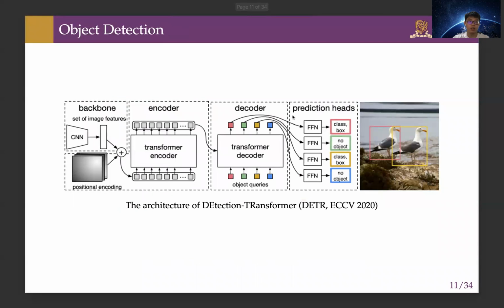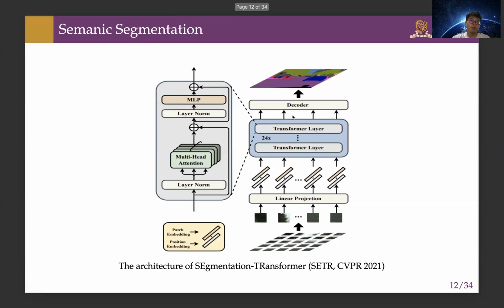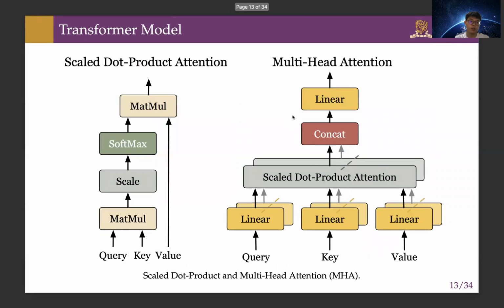In object detection, DETR demonstrates accuracy and runtime performance on par with a well-established and highly optimized Faster R-CNN model. In the meantime, a sequence-to-sequence prediction task with transformer models has been adopted for semantic segmentation. It achieves new state-of-the-art on lots of datasets.